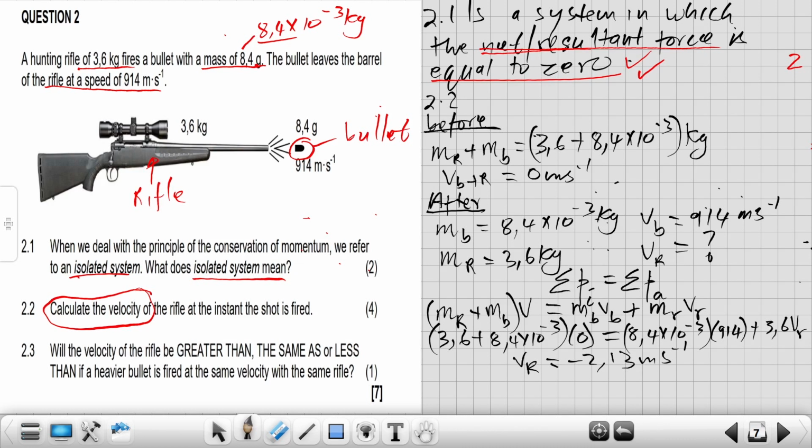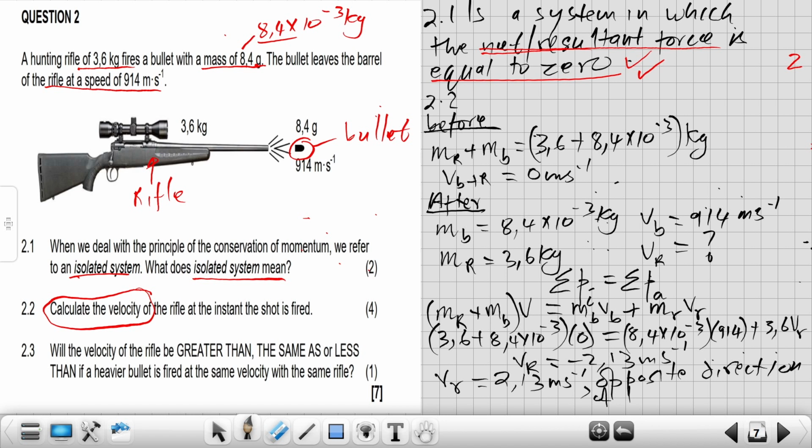So assigning direction to it, we'll be able to say VR is equal to 2,13 meters per second in the opposite direction of the bullet.